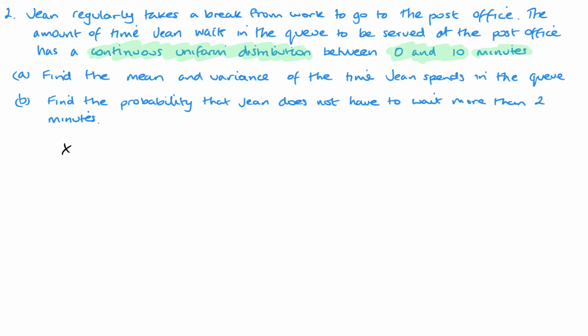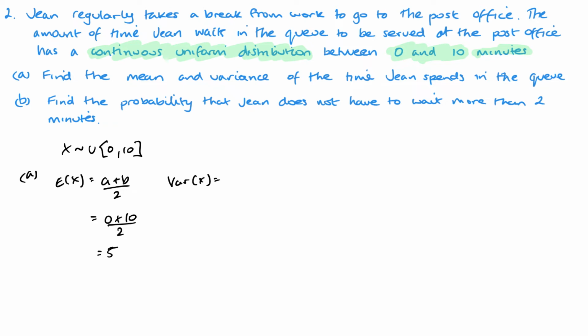So we know that the distribution is uniform and it's between 0 and 10 minutes. And then for A, E of x, remember for uniform ones is just A plus B over 2. So 0 plus 10 divided by 2 is 5 minutes. Nice and easy.